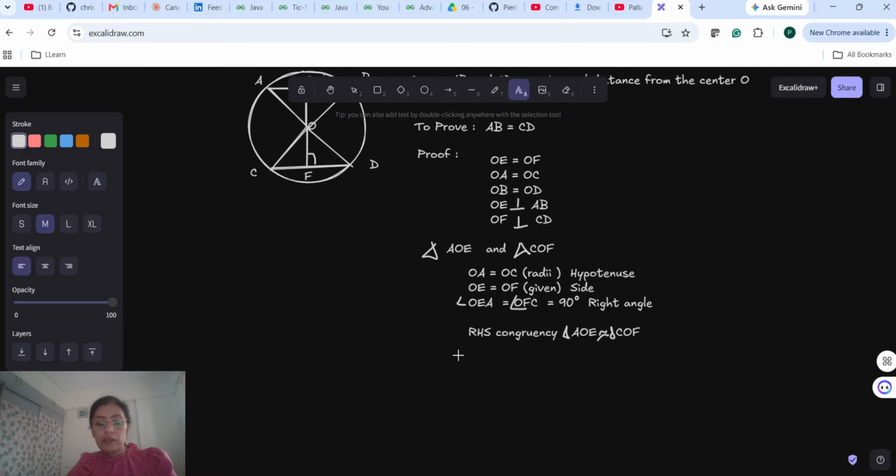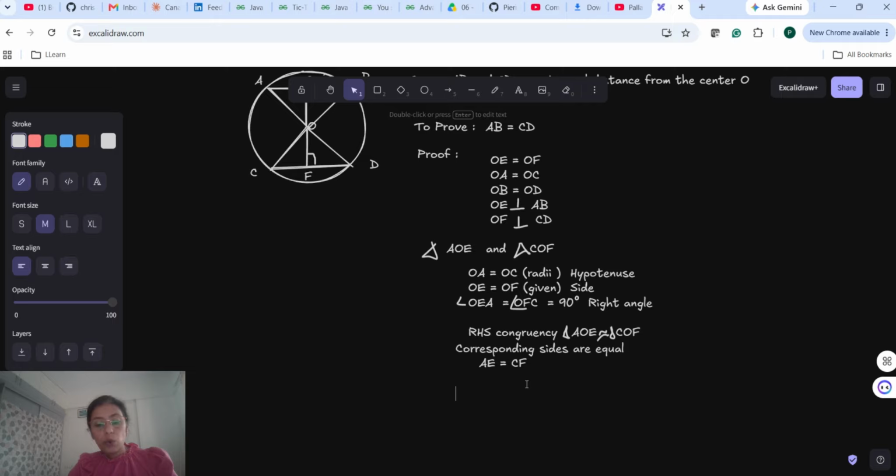And then from that, we can say corresponding sides are equal. So what this means, AE will be equal to CF, right?